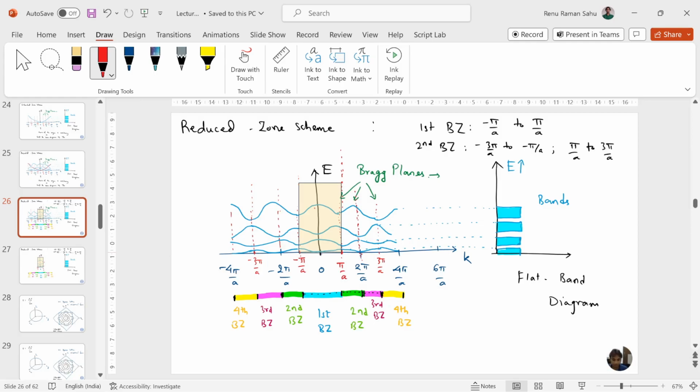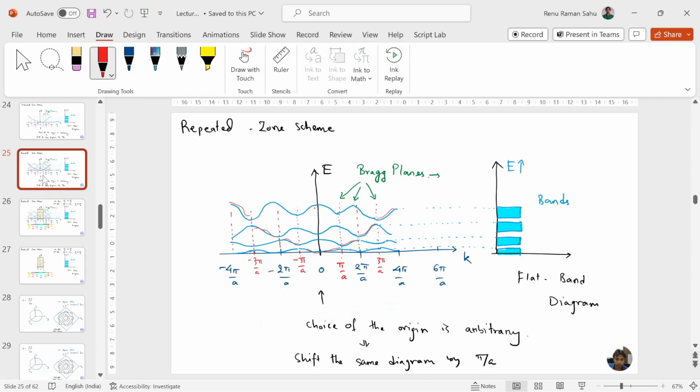In the previous slide and this slide, the energy bands point to the same forbidden bands. See the bands marked in blue. Those are allowed bands, because this is where your energy is.